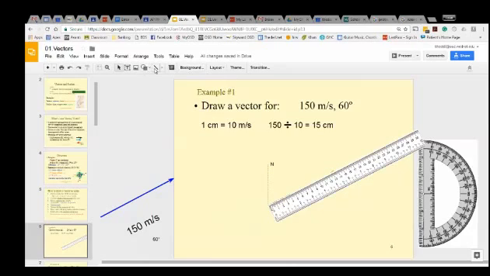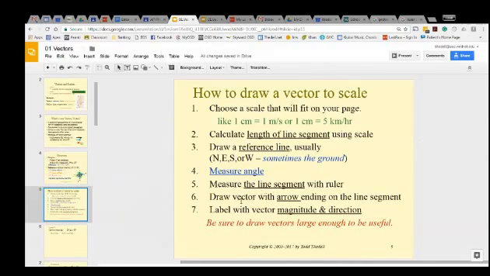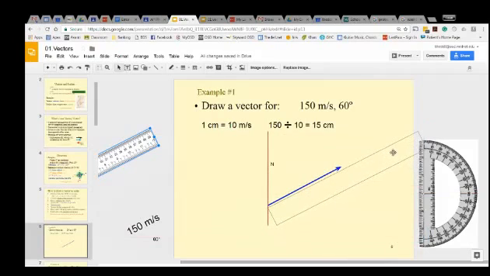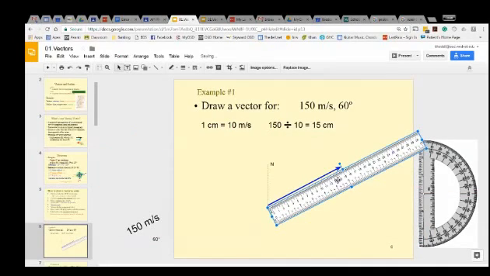Then I put a tick mark on how far that goes out, about right there. I then draw my vector. I have that pre-drawn, and it goes out that way, noticing that it is 15 centimeters long. It goes along this 60-degree angle that I measured. And so that is my vector.